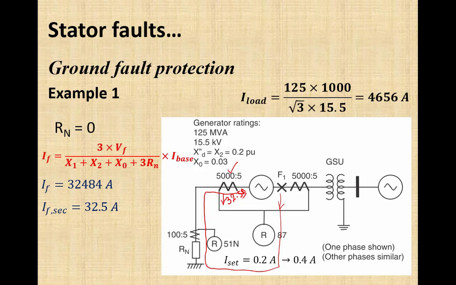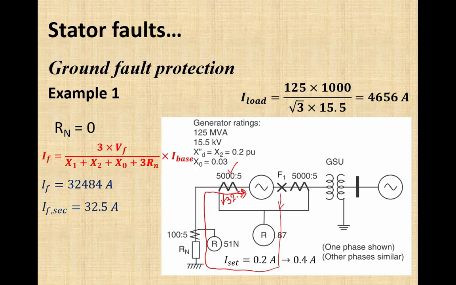That is the normal pickup value of a simple overcurrent differential. We are not talking about the bias differential, percentage differential. Here we can see this 32.5 ampere, which will flow towards the differential relay, is much higher than the I set, that is 0.2 to 0.4.